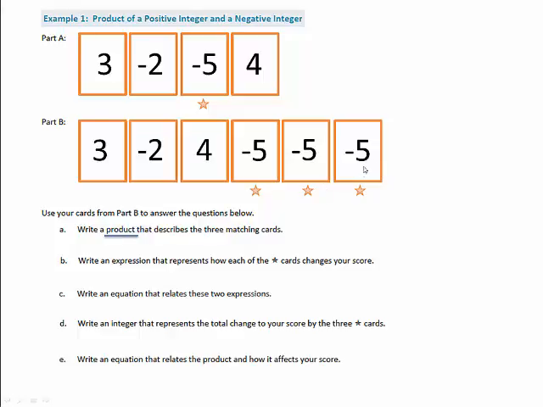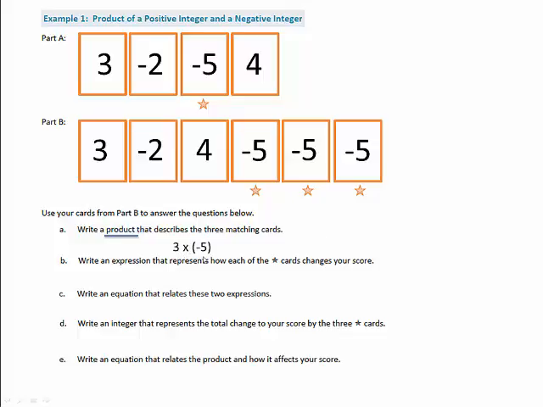If we were to treat this like a normal game, we'd add 3 plus -2 plus 4, and we'd start out with that total being 5. And then if we look at these 3 -5s, we would be adding -5 3 times. That's the product that describes these 3 matching cards. Adding -5 3 times is like multiplying it by 3.